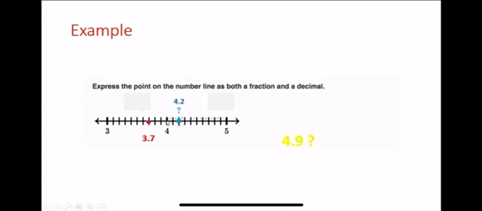Starting from 4, I count 9: 1, 2, 3, 4, 5, 6, 7, 8 and 9. Okay, so the point is located here, 4.9. Then the decimal number 4.9 is located here.